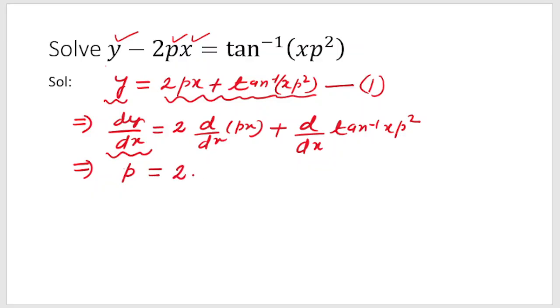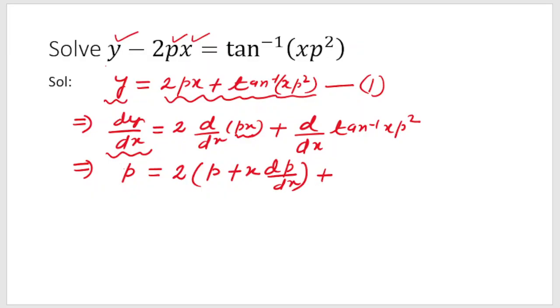And then we have 2, and how do I differentiate? Here I will use the product rule, p as the first function and d by dx of x is equal to 1, so no need to write, and then x, and then I write dp by dx.